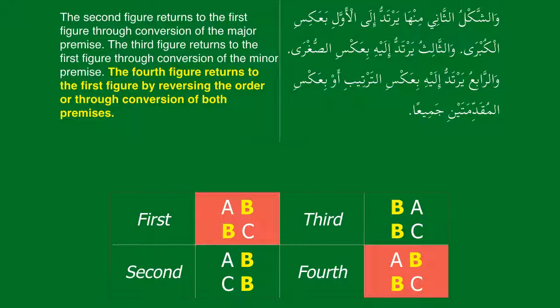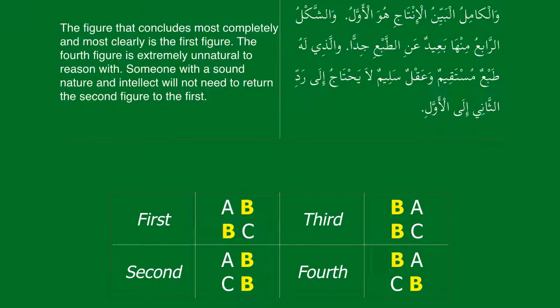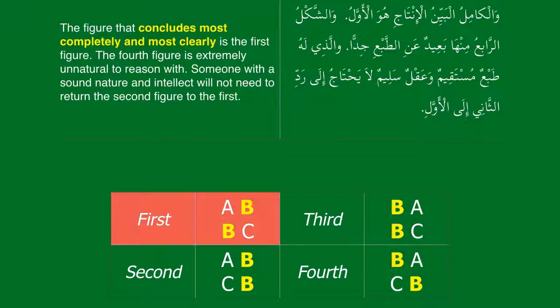So all of these figures, second, third, and fourth figures, can be returned to the first figure. Why do we want to return them to the first figure? He says because the figure that concludes most completely and most clearly is the first figure. What does it mean for it to conclude most clearly?